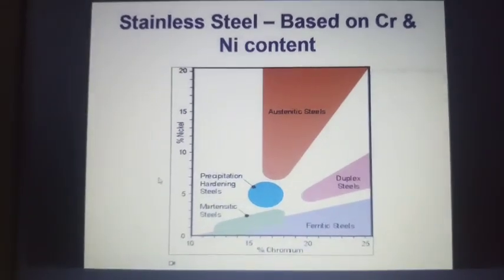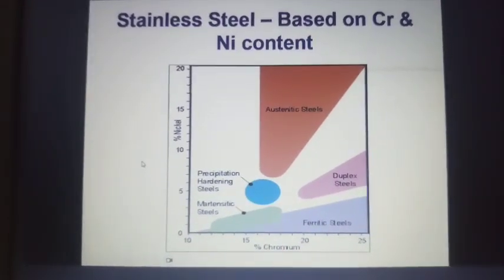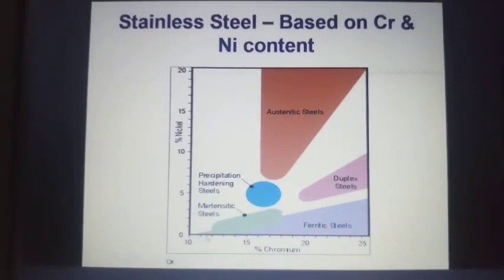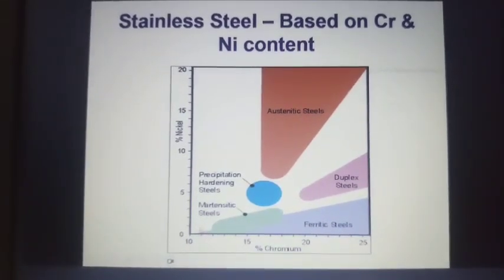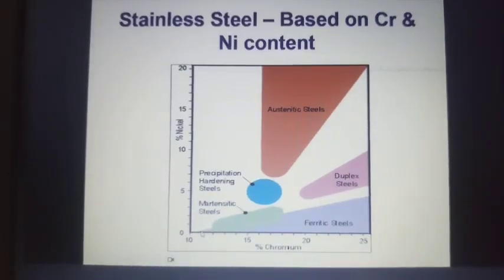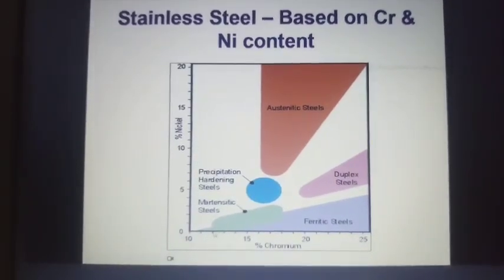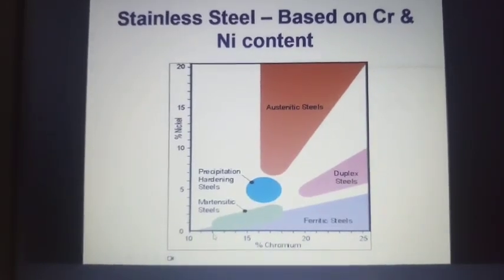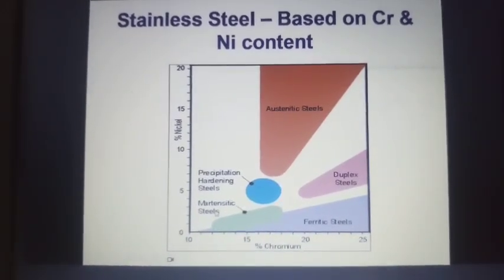Okay, stainless steel. When you have a lower chromium, it is a normal ferritic steel like carbon steel and low alloy steel. As you add more chromium, straight chromium is 12% chrome. When you add 12% chrome, it becomes martensitic stainless steel.